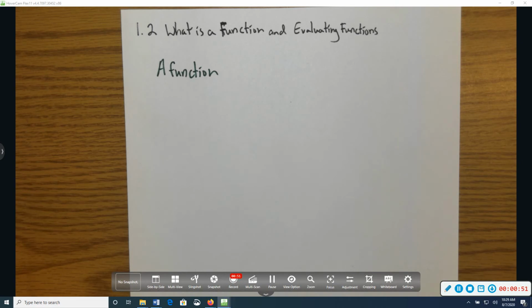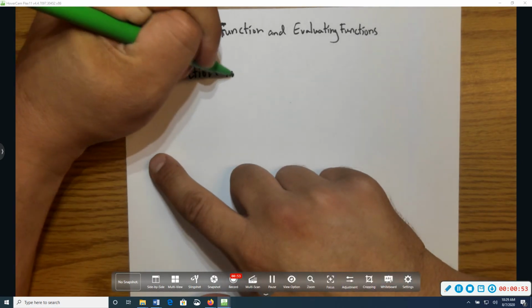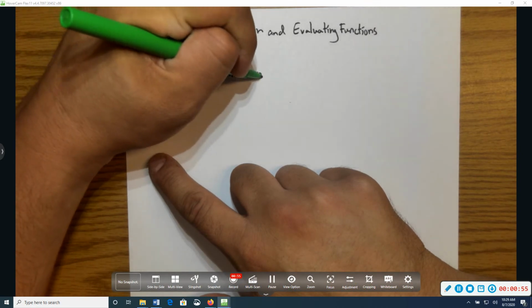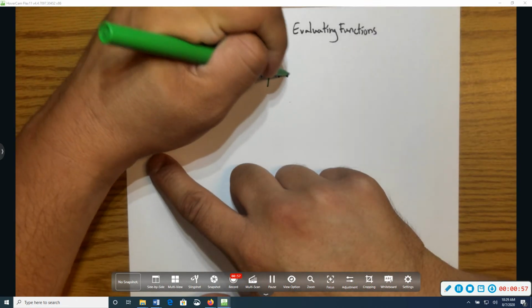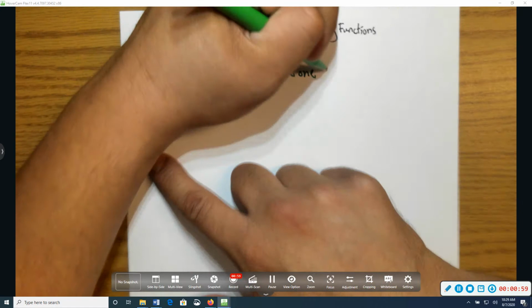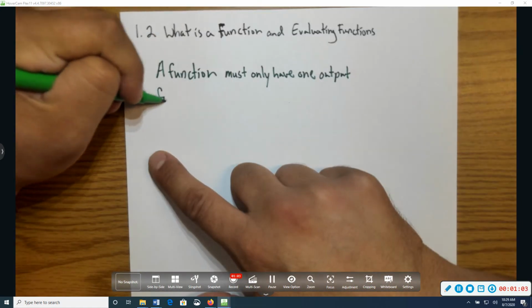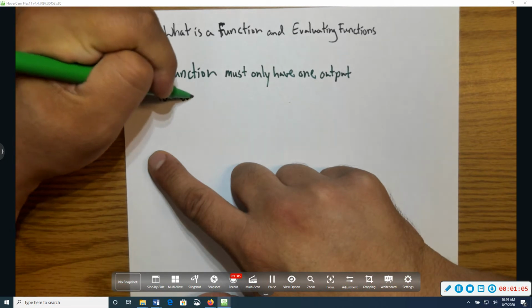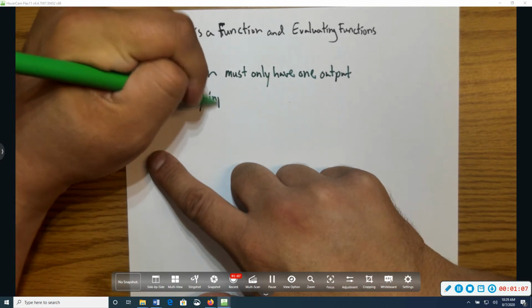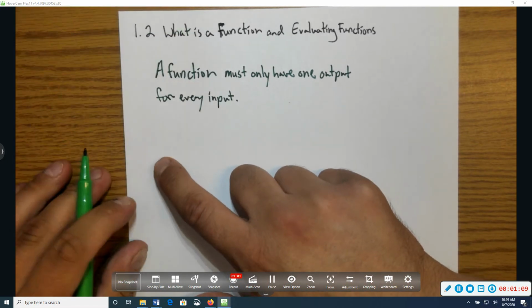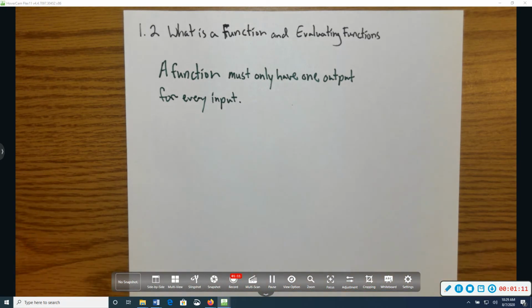So a function must only have one output for every input. So for instance, if I plug in 4, I can't get both 8 and 3 as an answer.